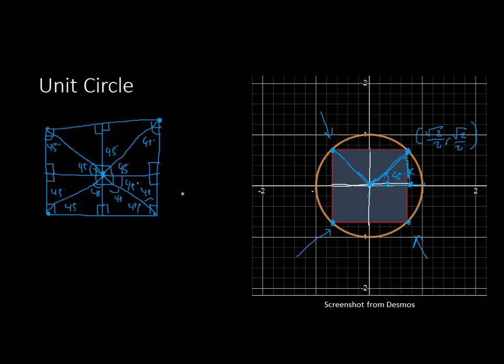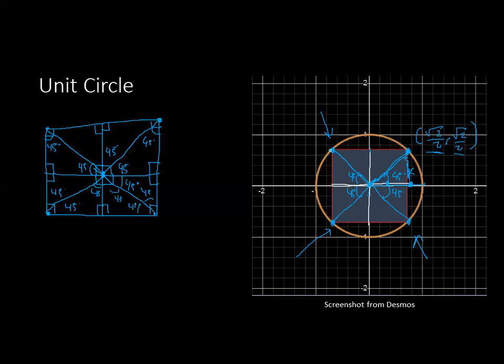Okay? So, what do I mean? It means that connecting here to there will give you 45 degrees, and here to there will also give you 45 degrees. What does that mean? It means they have the same coordinates, numerically speaking.